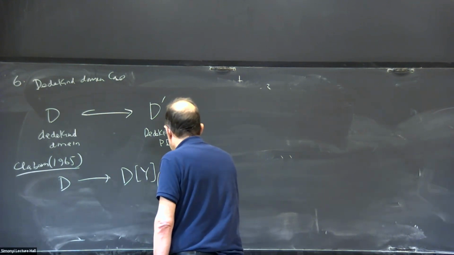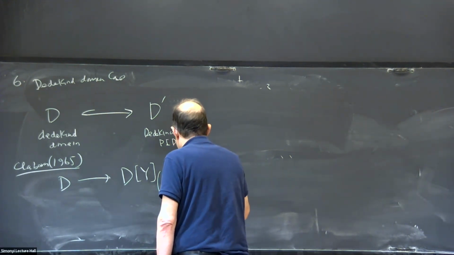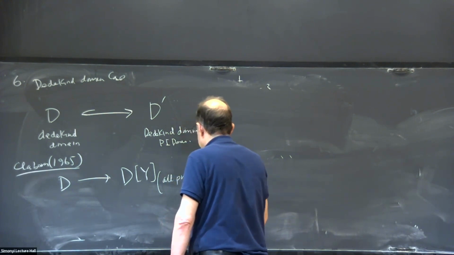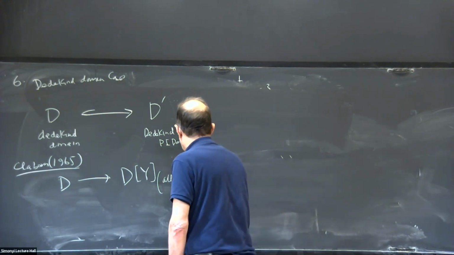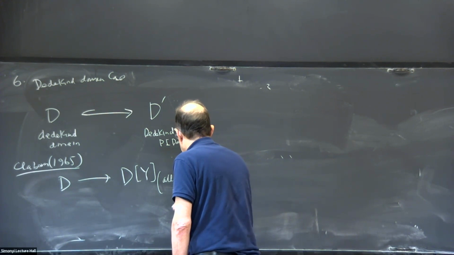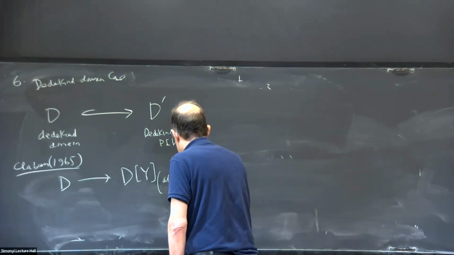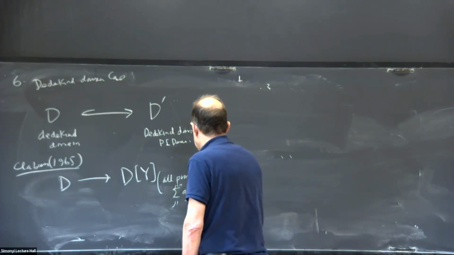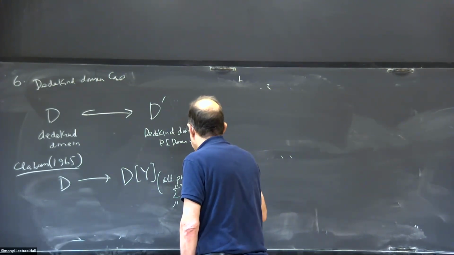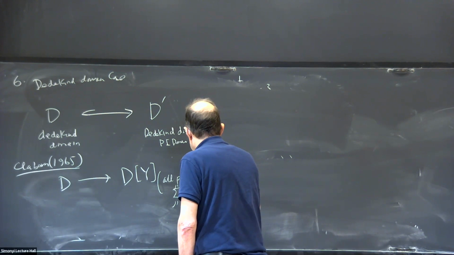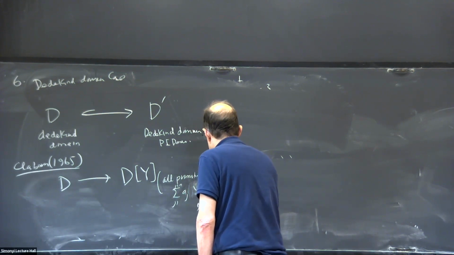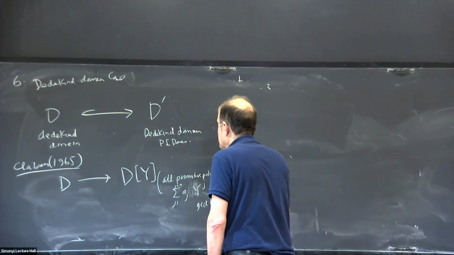We invert all the primitive polynomials. So we localize by inverting all the primitive polynomials, which are the sum of a_j t^j, j equals 1 to n, where the GCD of the a_j is equal to the unit ideal.